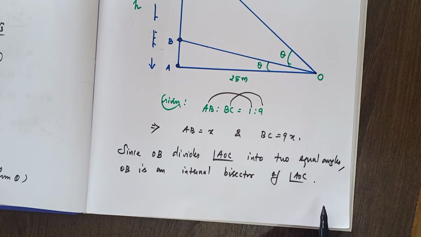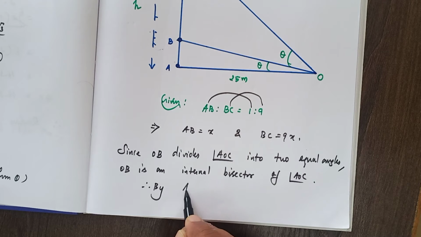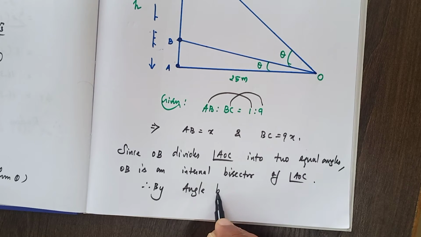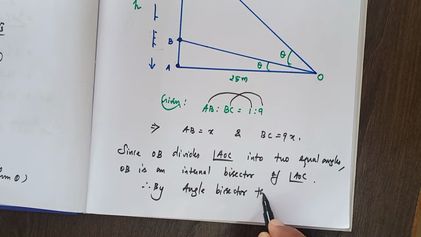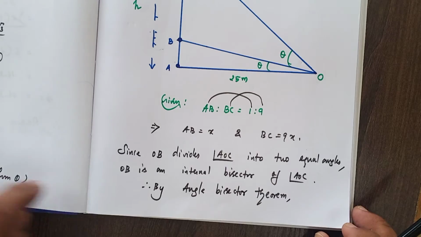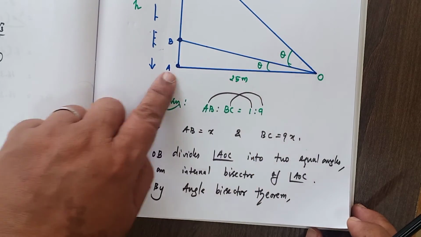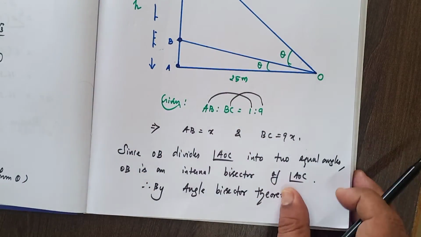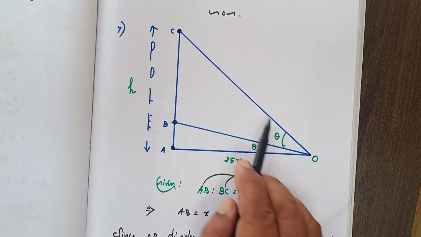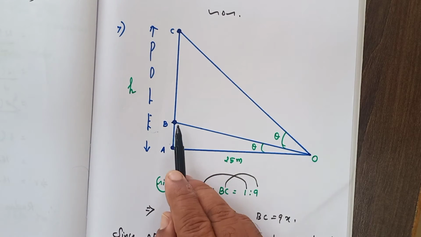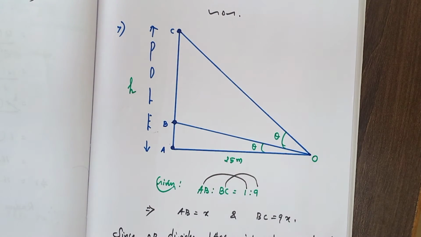Therefore, by the angle bisector theorem, we can write OA by OC, OA divided by OC, that is equal to AB by BC.